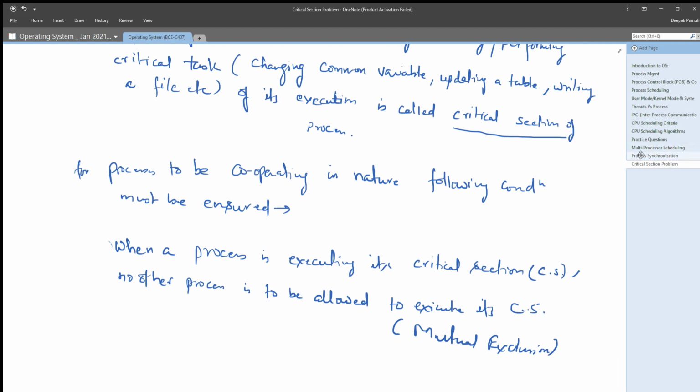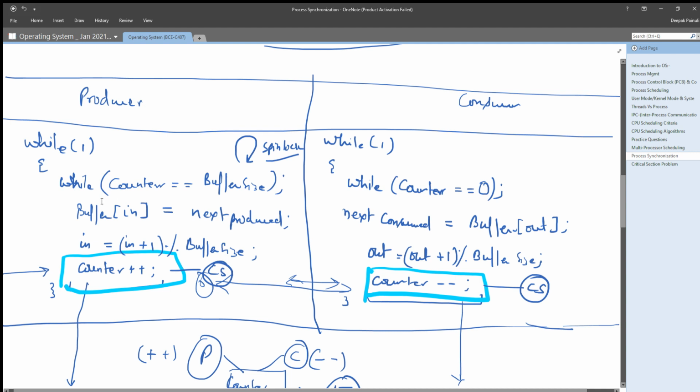The problem we are facing is because these two processes, producer and consumer, are executing their critical section at the same time. That's why the problem occurs. If they execute their critical section one after another in any sequential manner, there would not be any problem.